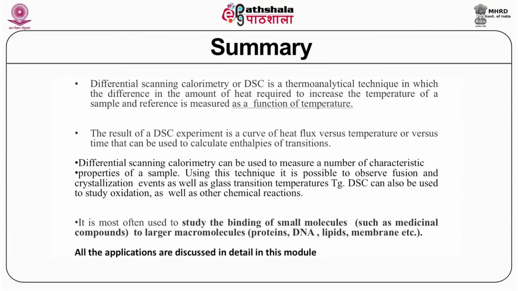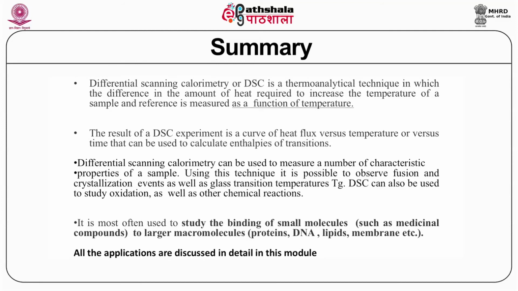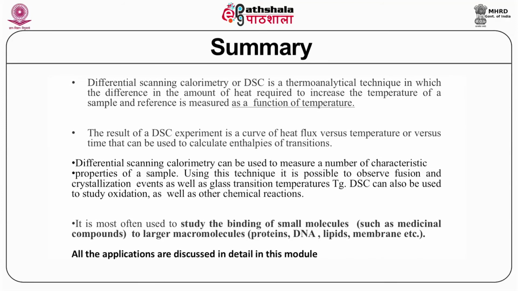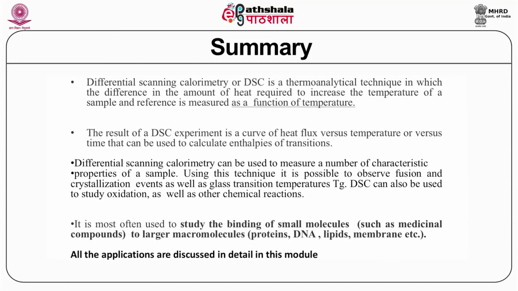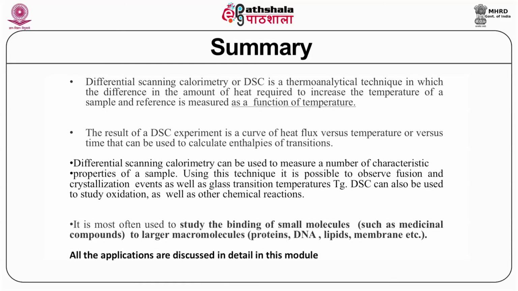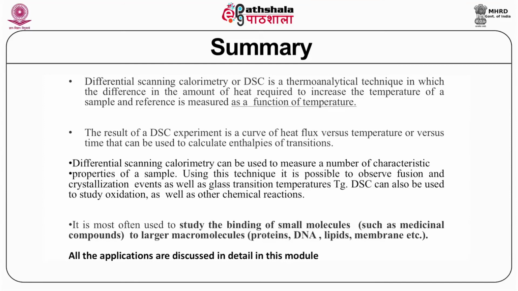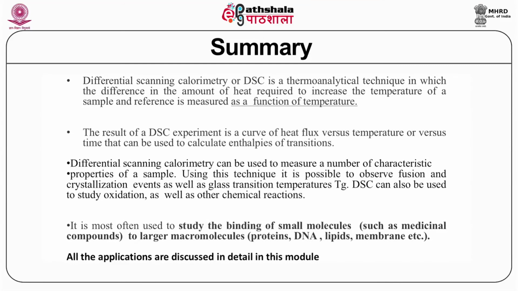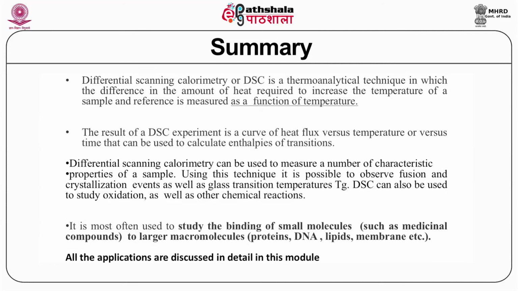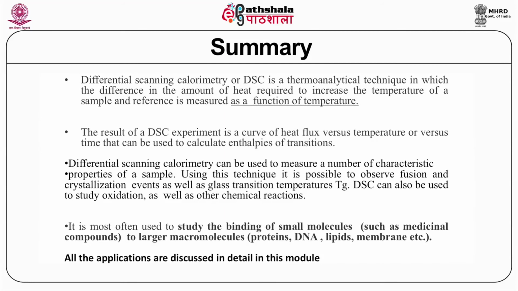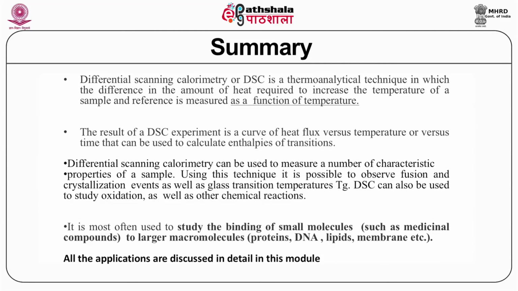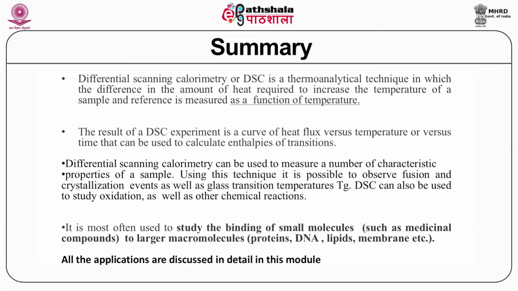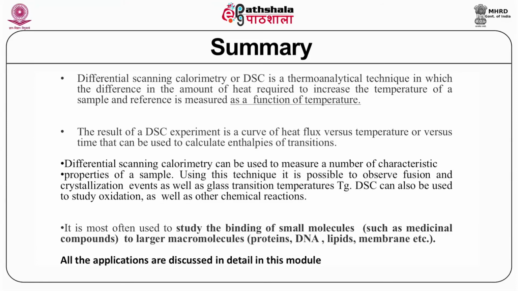I also explained how DSC can be used for different polymers, to measure a number of characteristic properties of the sample. Using this technique, it is possible to observe fusion, crystallization events, as well as glass transition temperature in the case of industries. DSC can also be used for oxidation processes and chemical reactions, lipid oxidation, cellular fusion, and so on.